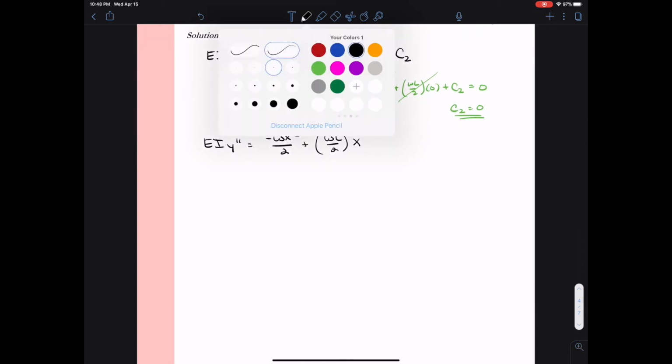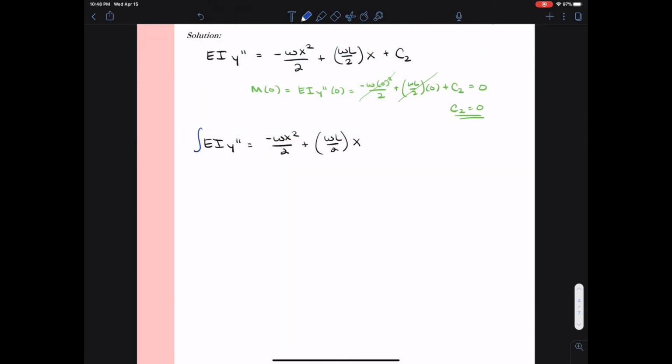Alright, so we got EIY double prime equals negative omega x squared over 2 plus omega L over 2 times x. I integrate both of those. So now I'm down to EIY prime. This is going to equal negative omega x cubed over 6 plus omega L x squared over 4 plus C3, another constant of integration.